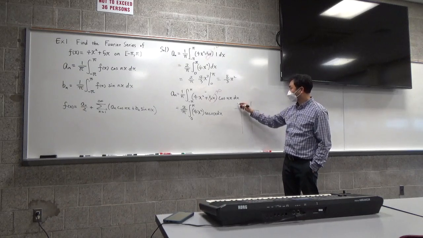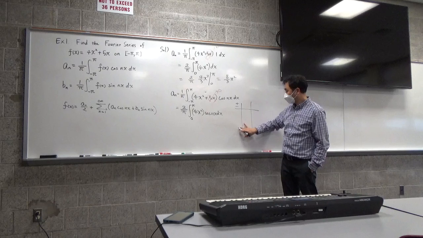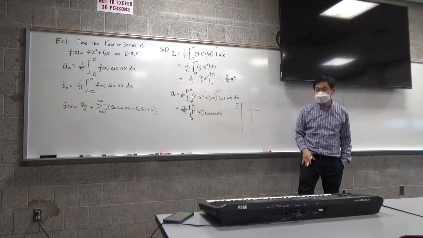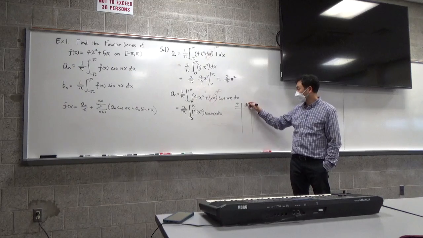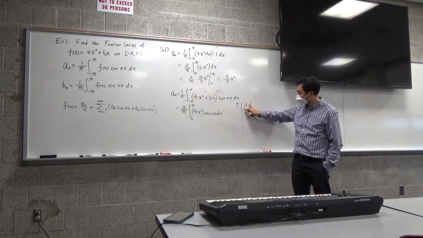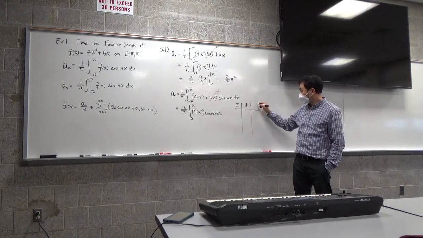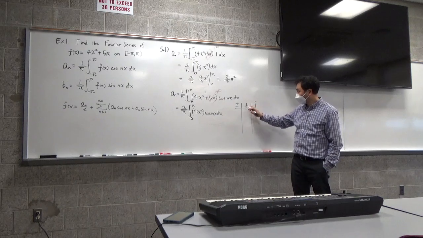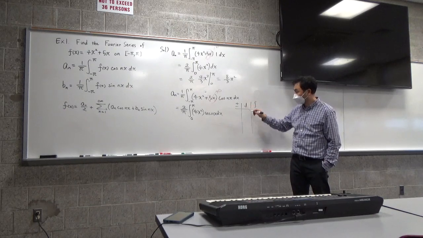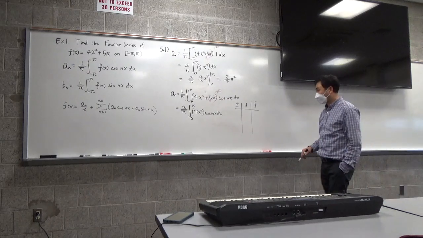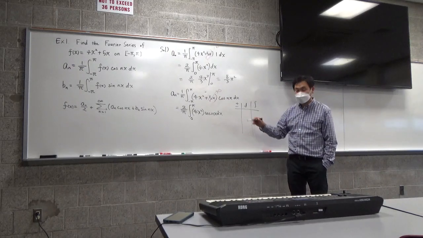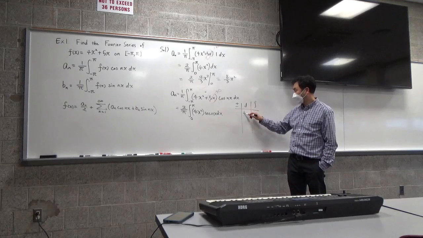One of the reasons I taught you tabular integration in the beginning of the semester is because, especially when we have to calculate the Fourier series, it's really hard to use the traditional integration by parts because you end up having to do them a lot. So try to use tabular if you can.